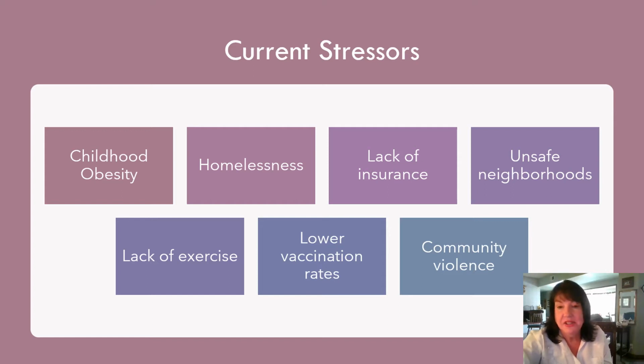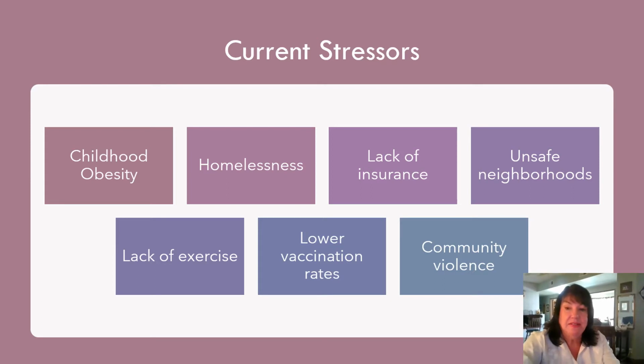Lower vaccination rates in this country also have caused some problems for some children, such as problems with pertussis, and we have had some infants across the United States who have caught pertussis from people in their family, people that they were exposed to in the community, and actually died.